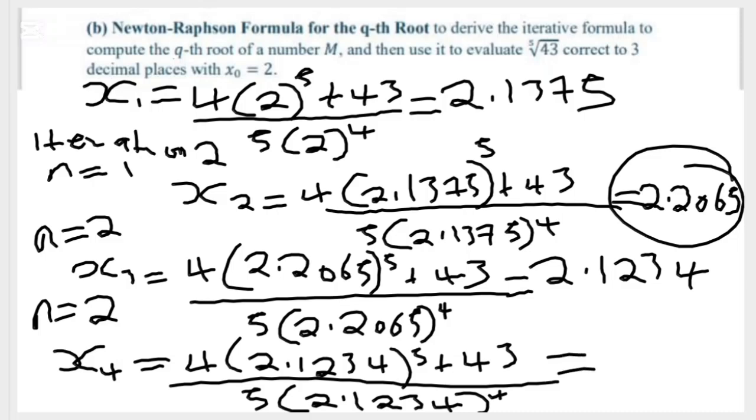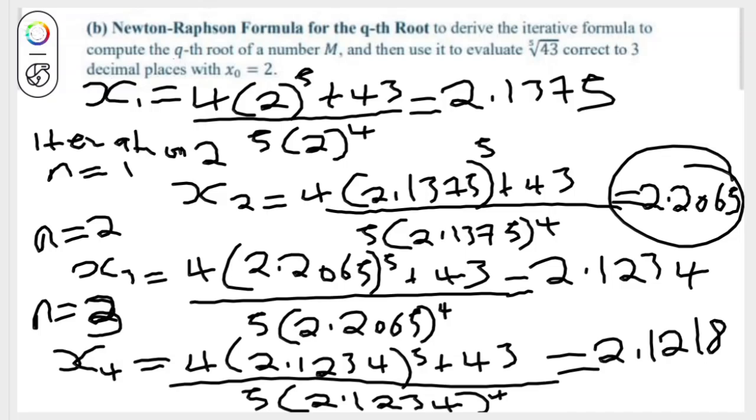Again, what should I get? The value of x4, which is 2.1218, approximately. But don't forget, this is when n is equal to 3.